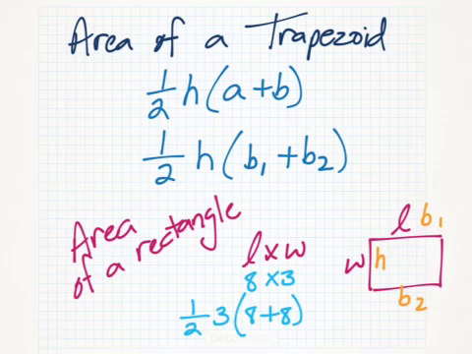So looking at it both ways, traditional length times width, and then using the area of a trapezoid to solve for this problem, you can get the same results. So 8 times 3 would be 24, and then 1/2 the product of 3 and the sum of 8 and 8 would get you 24 as well.